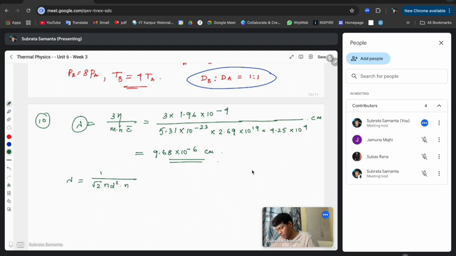Therefore d square is 1 over root 2 times pi times n times lambda.